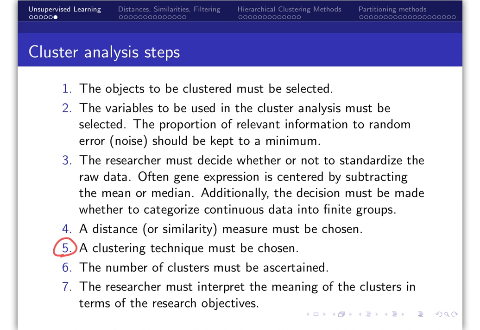A clustering technique must be chosen. The number of clusters must be ascertained. The researcher must interpret the meaning of the clusters in terms of the research objectives. The difficulty in validating a cluster analysis derived classification is that there is usually no gold standard classification against which the clustering results can be compared.